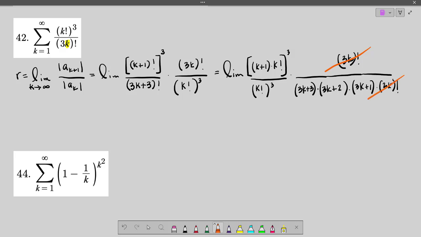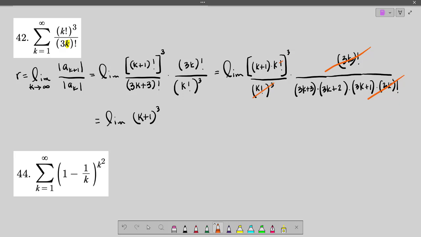And then over here, let's see, on the left-hand fraction, this is going to be a k plus 1 cubed. And don't these guys cancel? We have k factorial quantity cubed.